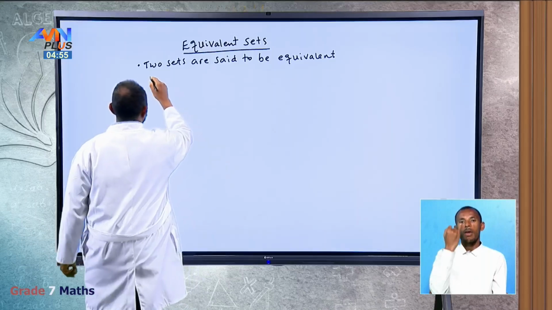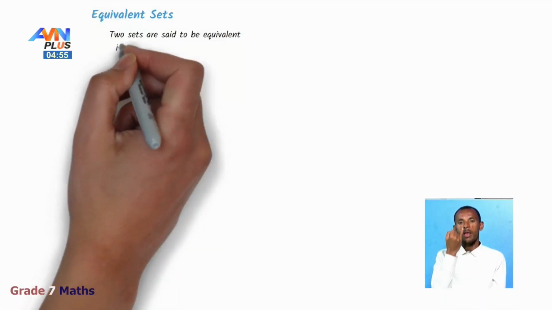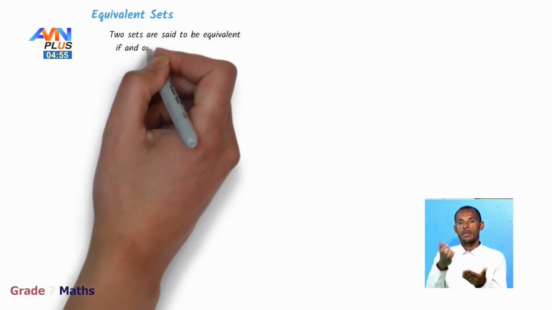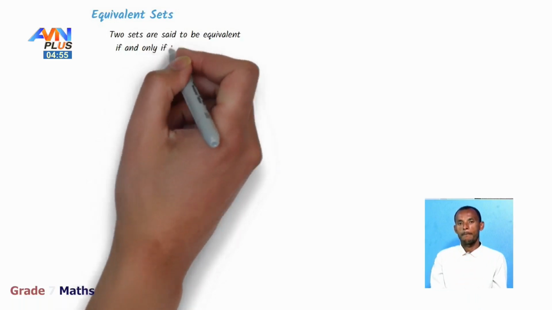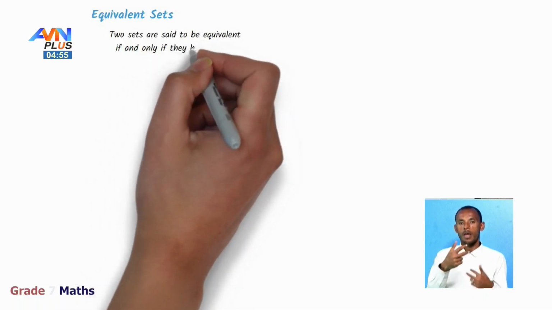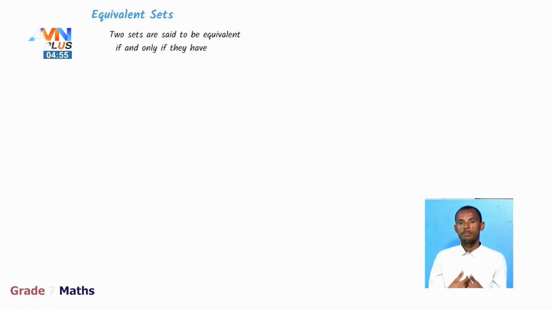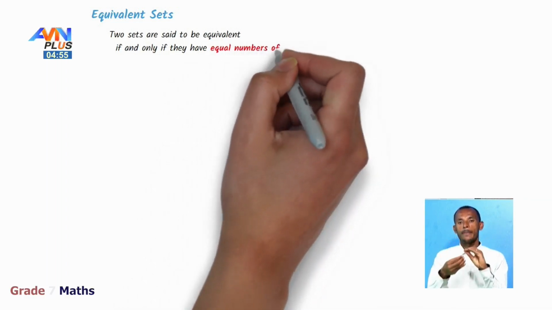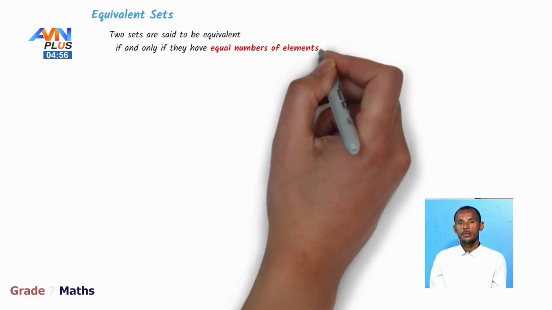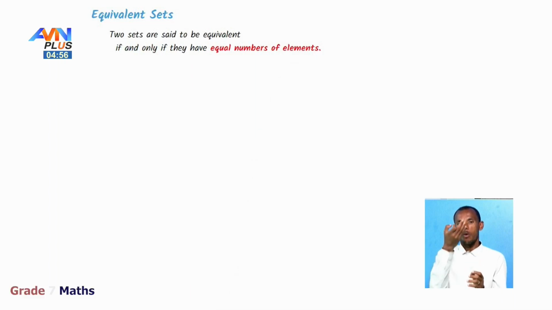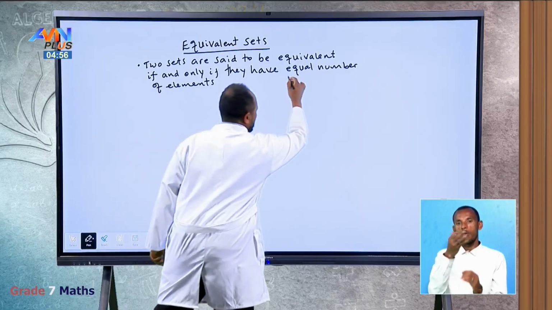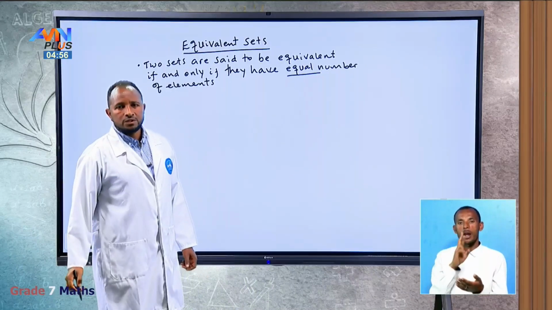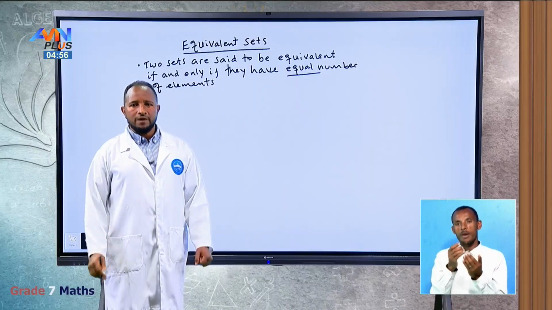If they have an equal number of elements, the two sets are said to be equivalent.